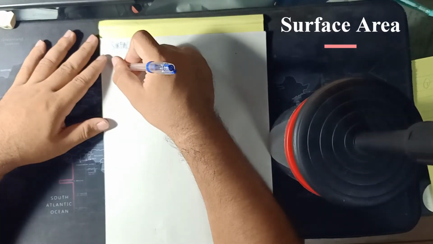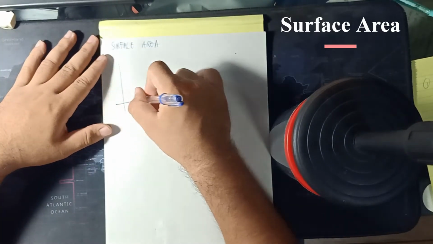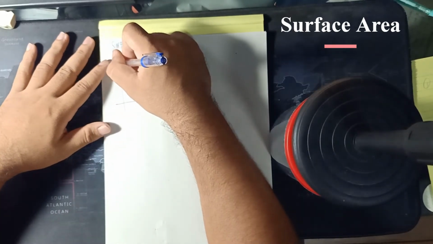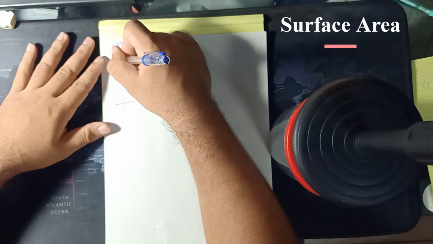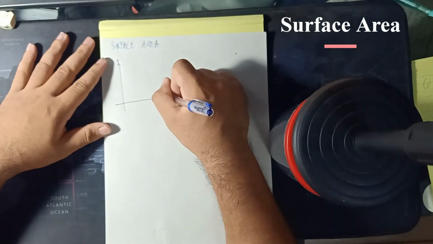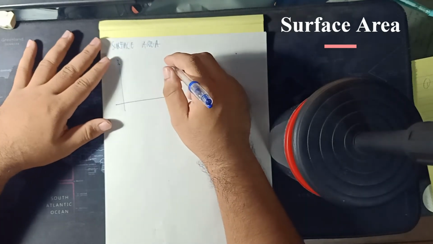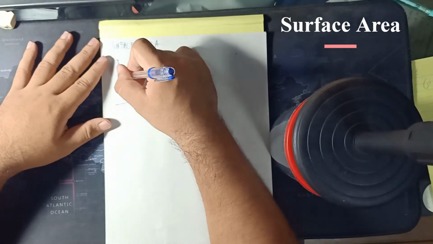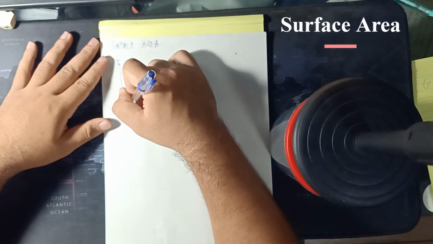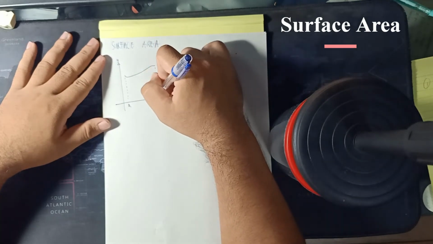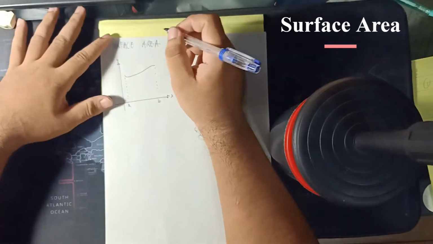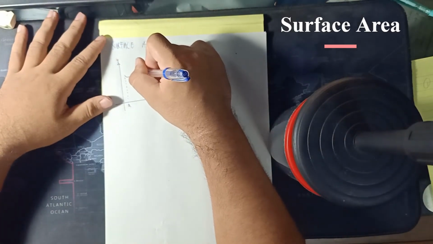As you can see here, I have the plane, where this is your y and this is your x. If I have here my curve with limits from a to b, you could put here your strip.